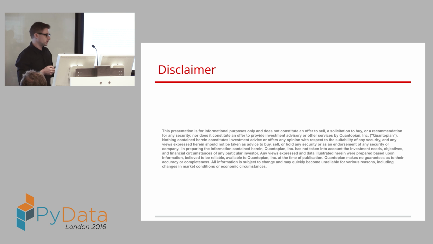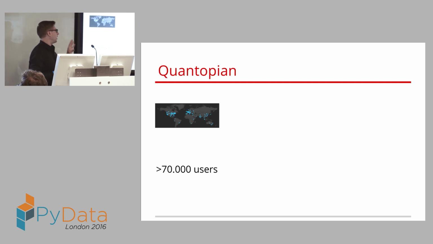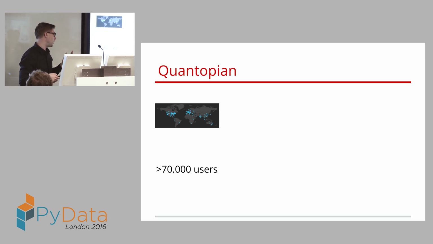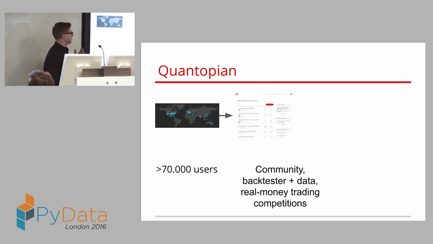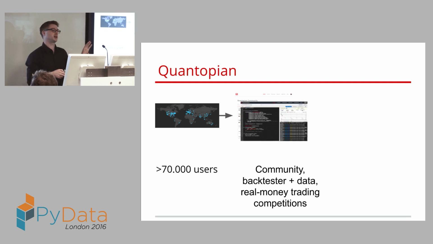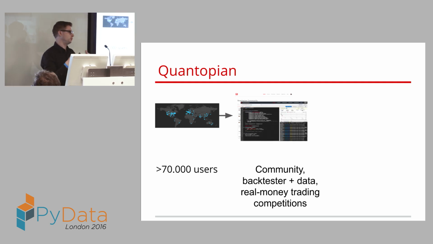And if you're wondering what Quantopian is, we are an algorithmic trading platform. We have over 70,000 users worldwide, and they come to the website and we have a community forum where people talk about algorithmic trading ideas and share code and everything. We have an in-browser backtester where you can write Python code to build your strategies to invest in the stock market, and we provide you with 14 years of high-quality historical data to test these strategies.